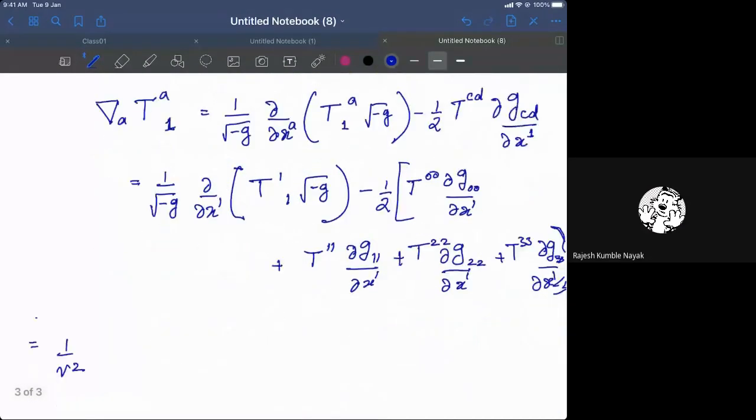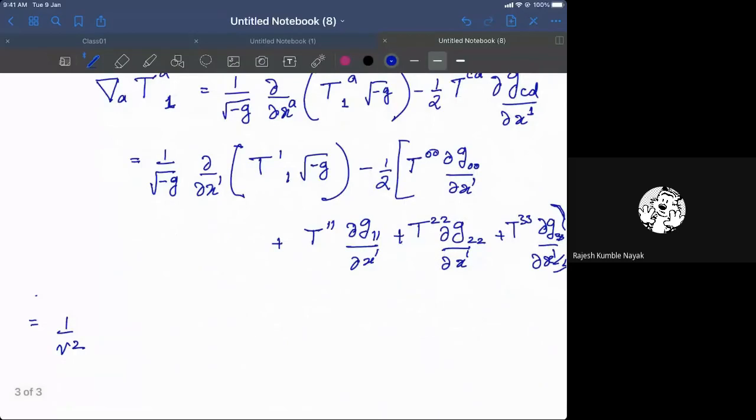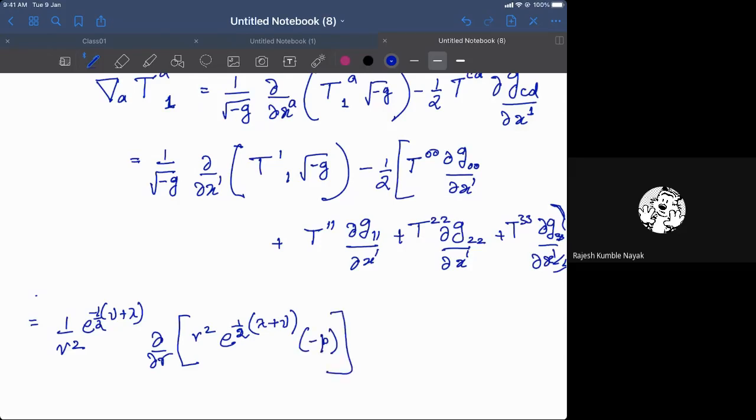Okay, so let us substitute for the square root of g. We get minus (nu plus lambda) to the power this, there is a half here, and then d by dr, it's a partial differential with respect to r. You have r square e to the power 1 by 2 into (lambda plus nu). Then you have minus p. Okay.